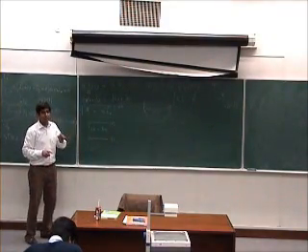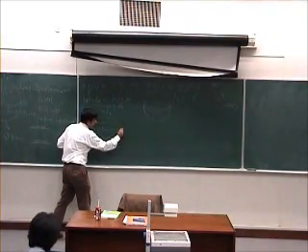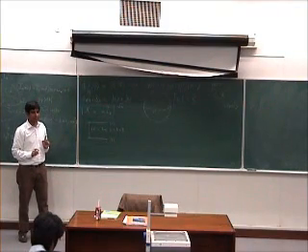Omega naught we know is the Larmor frequency, and this is also equal to minus h bar gamma B naught. We know this from lecture number 1.